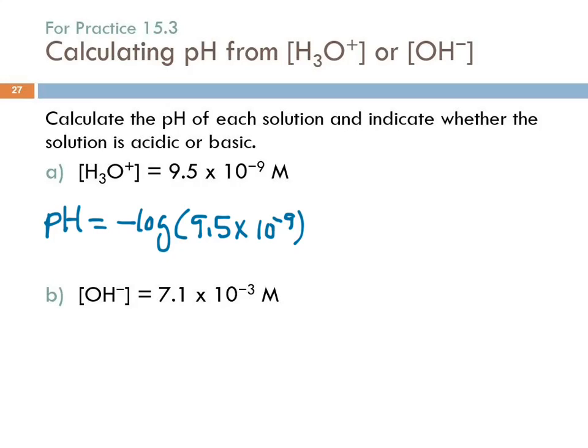It's not my fault. It's the calculator's fault. So I'm getting 8.02. Because this has two significant figures, and so we're going to have two decimal places.